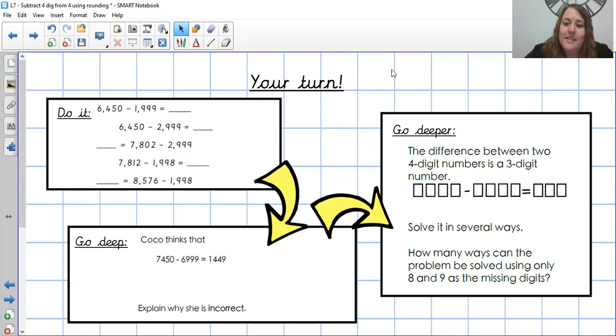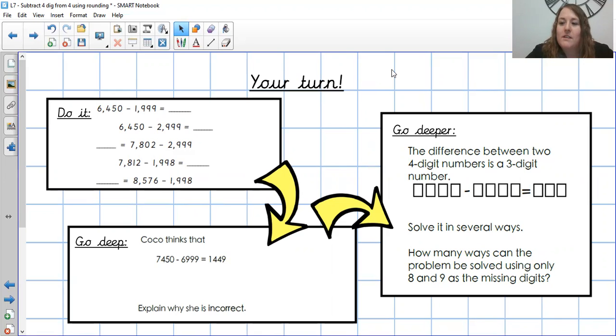And then your go deeper today. It's about differences between numbers. The difference between 2 4-digit numbers is a 3-digit number. So it's saying what 4-digit number, take away another 4-digit number, is a 3-digit number.